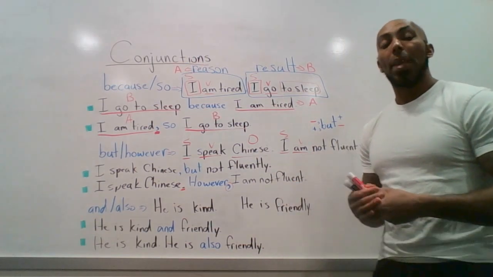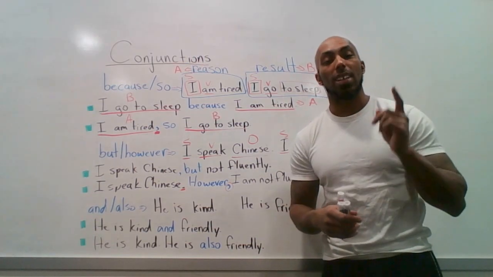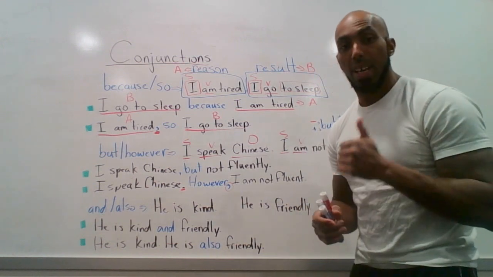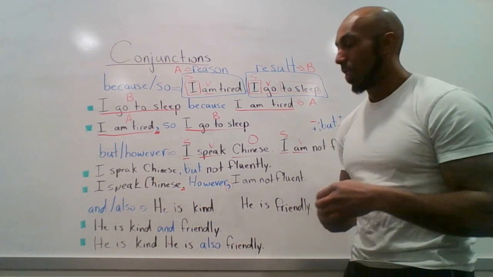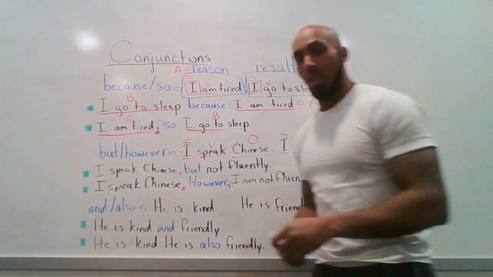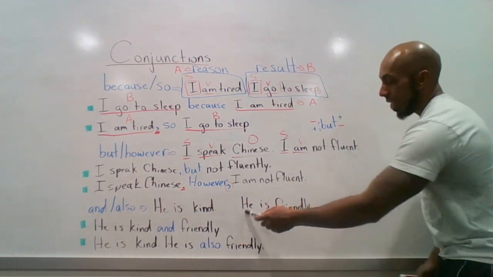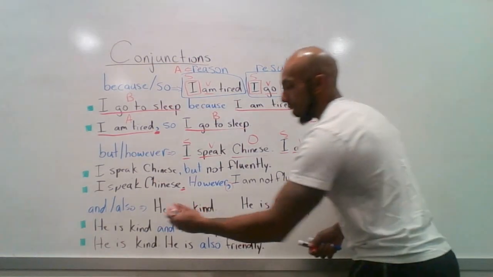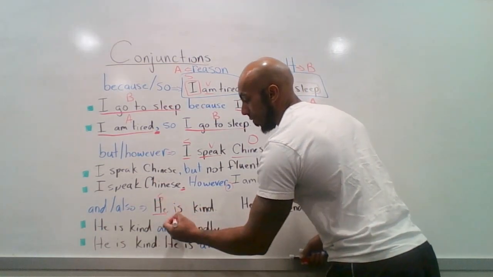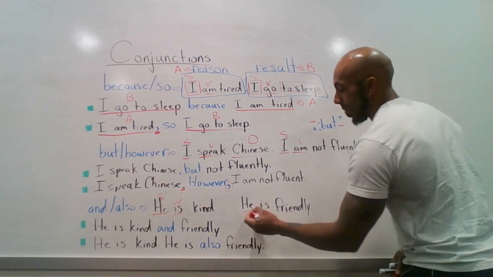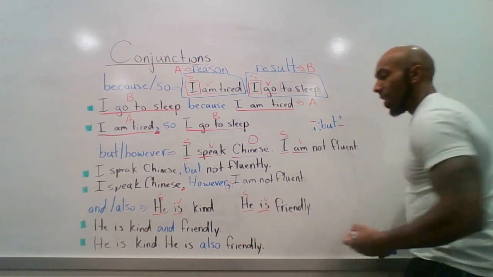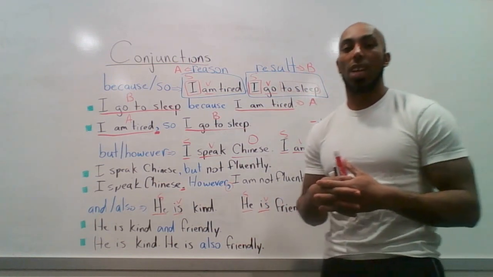Okay. Now, let's move on to our last conjunction, which everybody has used and heard of many times, which is and. Okay. I have two sentences. He is kind. He is friendly. Okay. Subject, he. Verb, is. Same thing here. Now, I want to put them together using and.